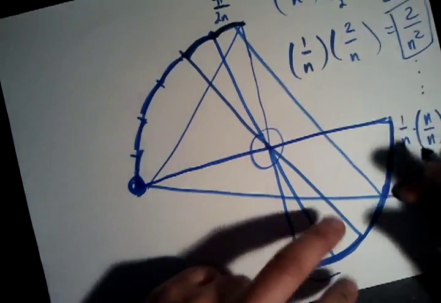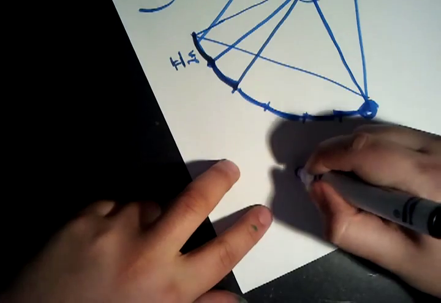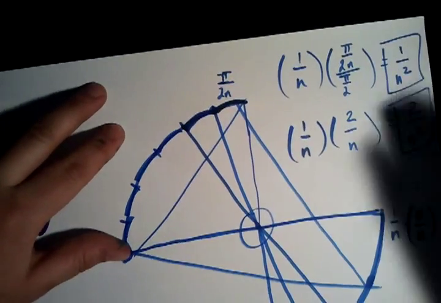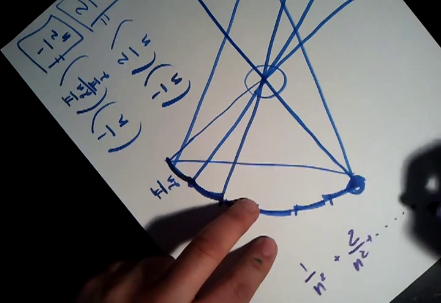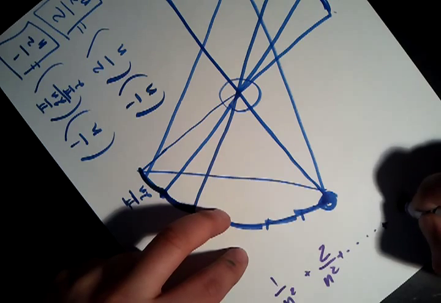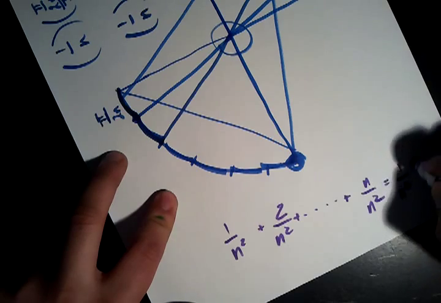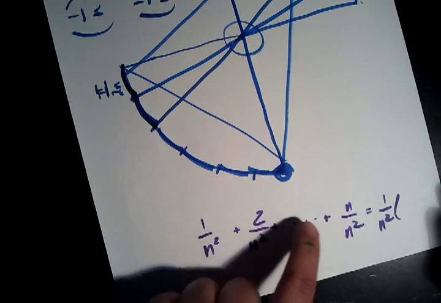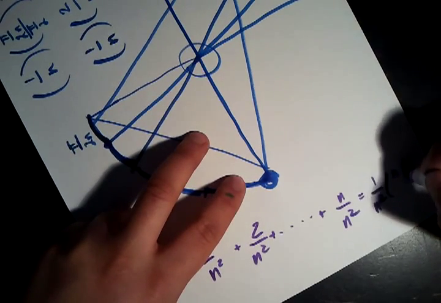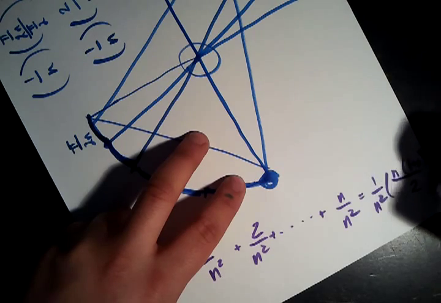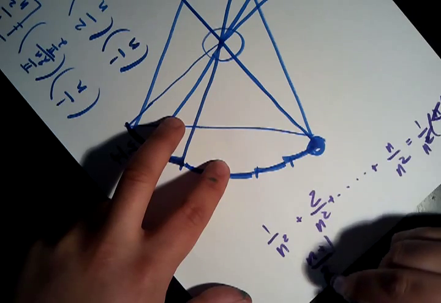So if we add up our sum, it's going to look something like 1 over n squared plus 2 over n squared plus all the way to n over n squared. And we can pull out the factor, and this is 1 plus 2 plus all the way to n in the numerator, so I'm going to use the sum formula, so it's going to be n times 1 plus n over 2. This n cancels with this n, and we're left with n plus 1 over 2n.